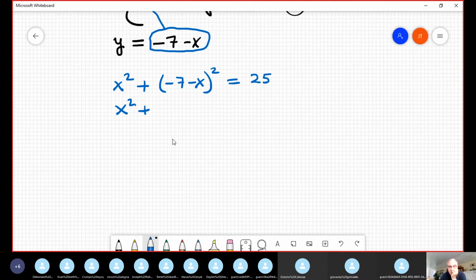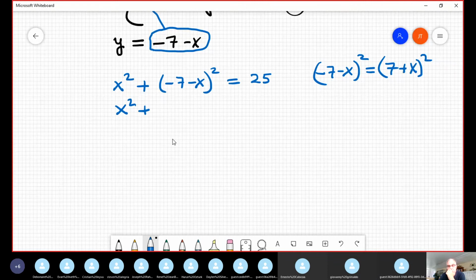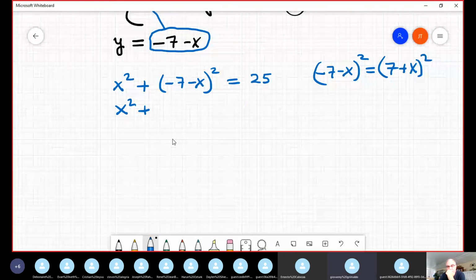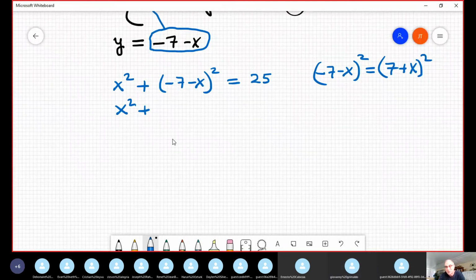Actually, (-7 minus x) squared is the same as (7 plus x) squared. Yes or no? Yes, because -1 is a common factor, and (-1) squared is +1, and +1 is invisible. This square becomes positive everything, no?